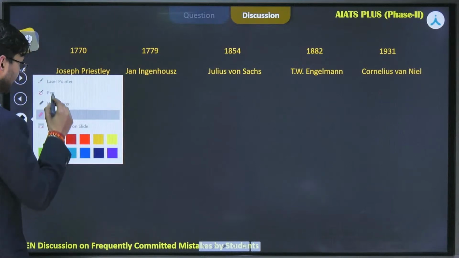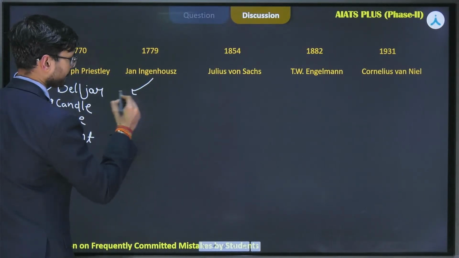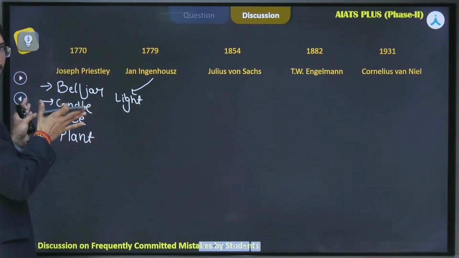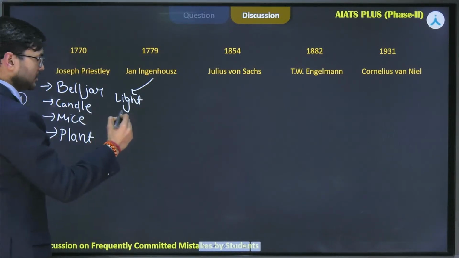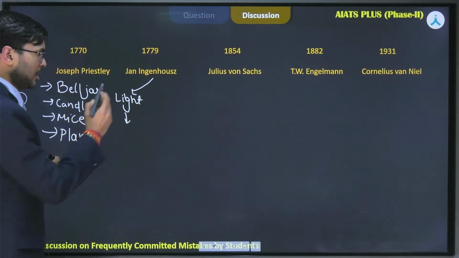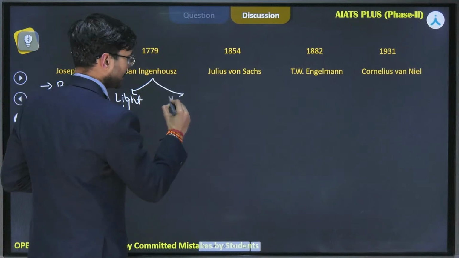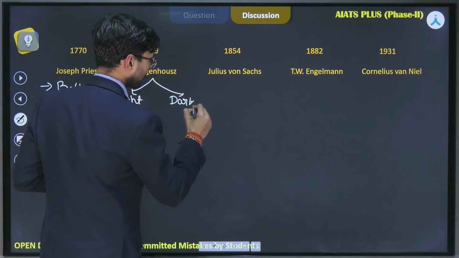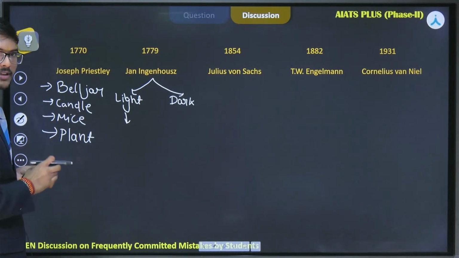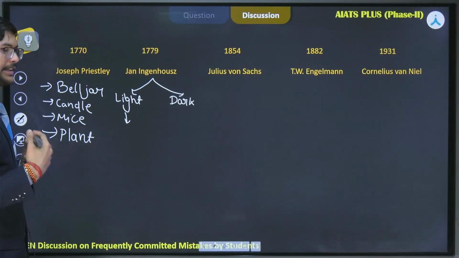In the light condition, the result was the same as Joseph Priestley had predicted. But in the dark condition, the setup failed to give the same result. So what was the reason behind it?